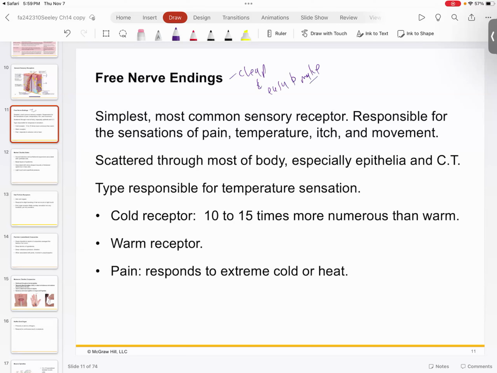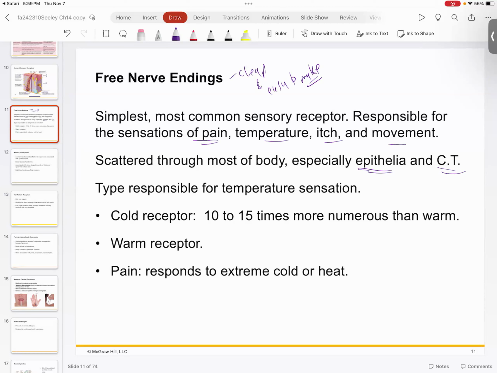You don't have to come up with some sort of crazy structure. And not only that, but you can collect a lot of information with just the nerve endings, for instance, pain, sensation, temperature, itch, and movement. And you can spread these out pretty much anywhere you want in the epithelium, in the connective tissue.